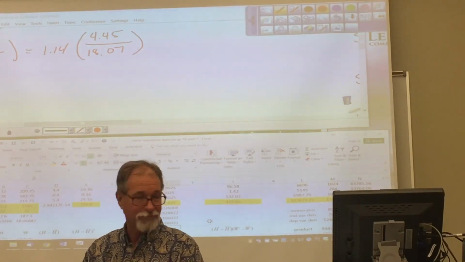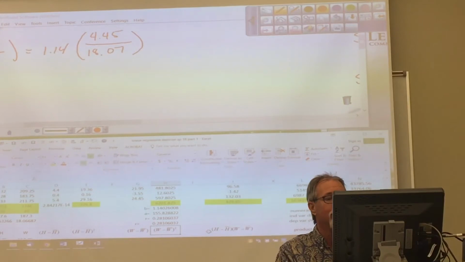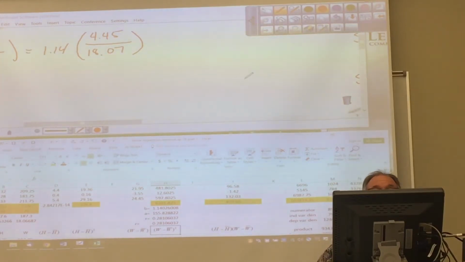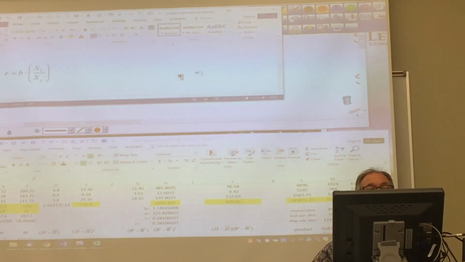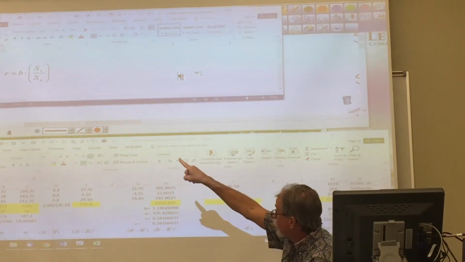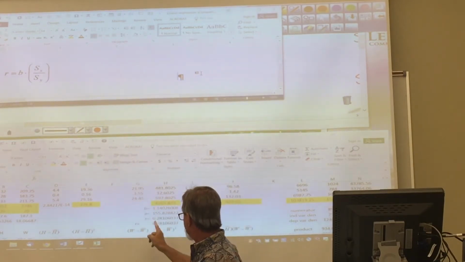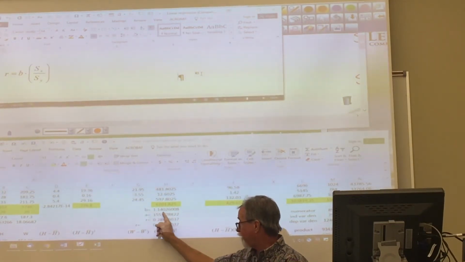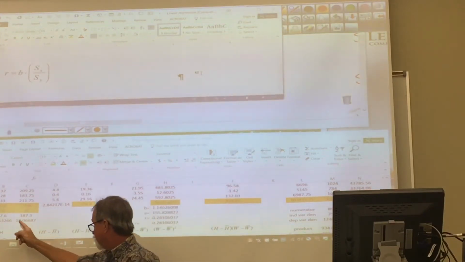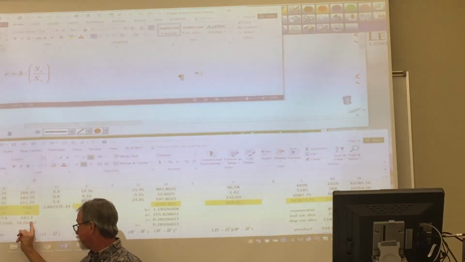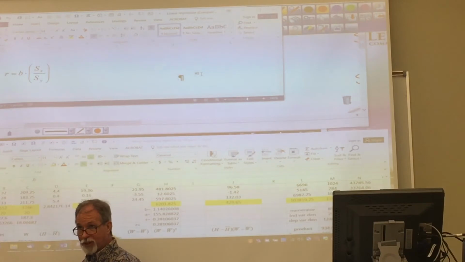Could you click R again? So I'm taking R, B, H50, times the standard deviation. Is that the formula right there where I took B, which is this number right here, times this number divided by this number in parentheses, right?